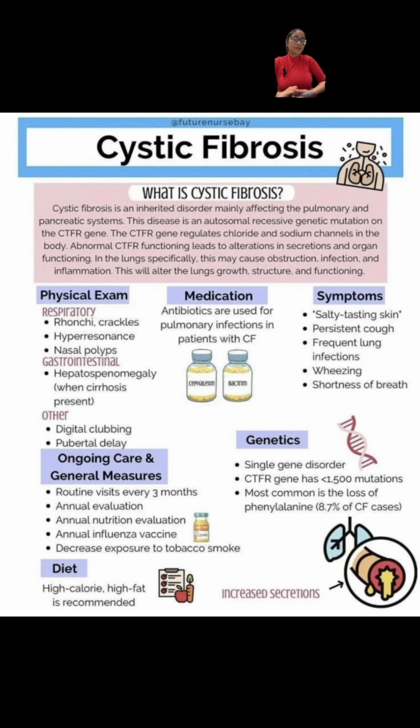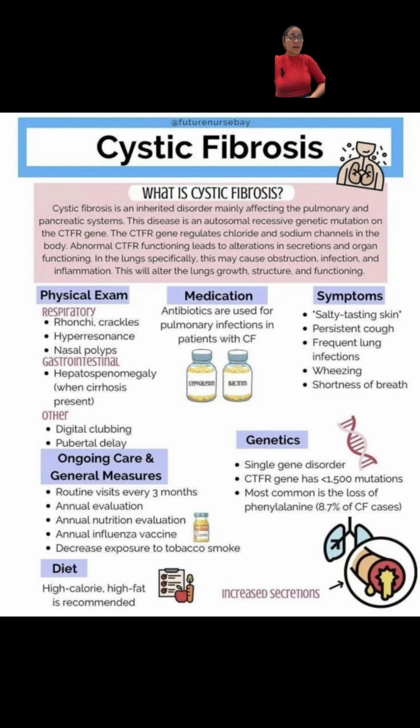And now we will be talking about the ongoing care and general measures. So routine visits every 3 months, like frequent visits, and the annual evaluation, a nutritional evaluation of how they are eating and what their balanced diet is, and an annual influenza vaccine. Why?